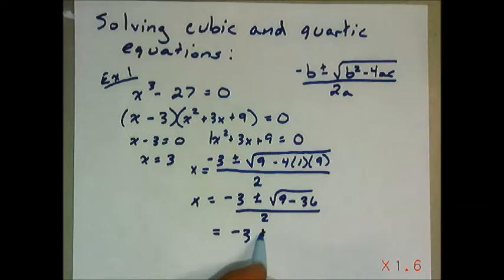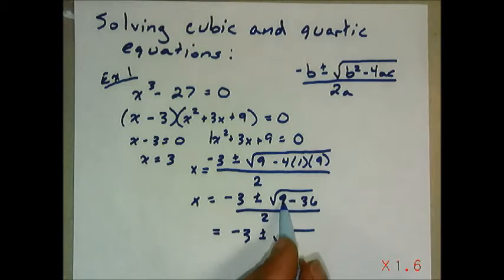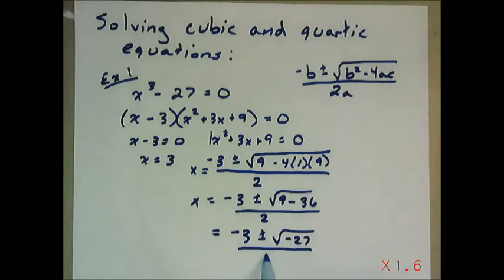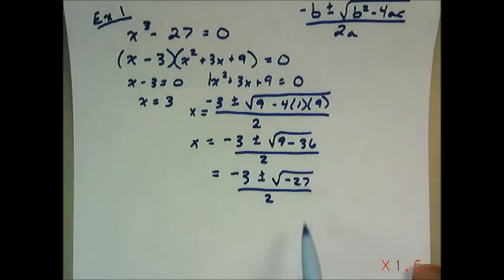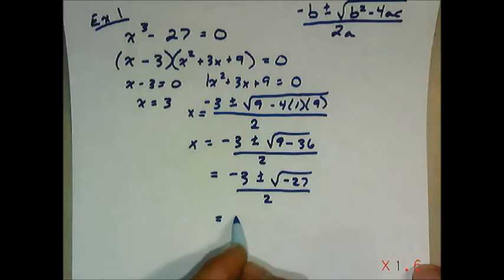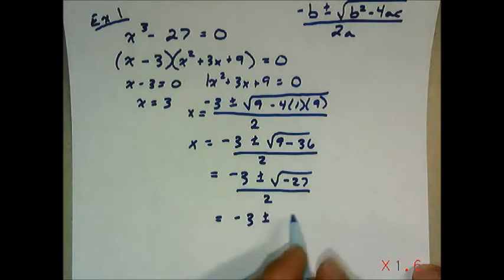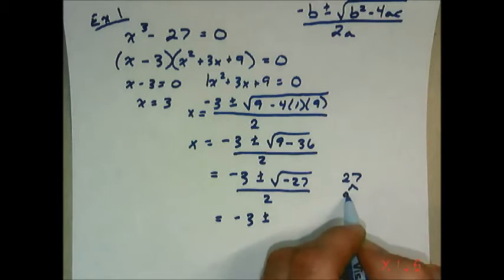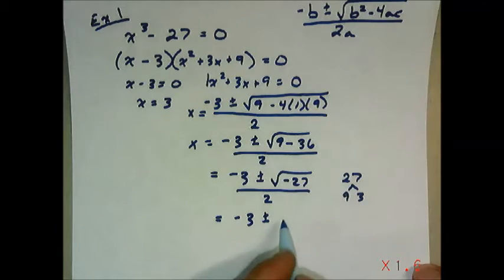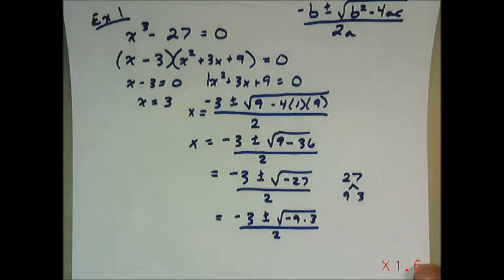Continuing to simplify inside that radical, 9 minus 36, we get negative 27 divided by 2. Well, then the square root of negative 27 reduces. We have negative 3 plus or minus. Remember, 27 is 9 times 3. So we can break this up into the square root of negative 9 times 3 divided by 2.